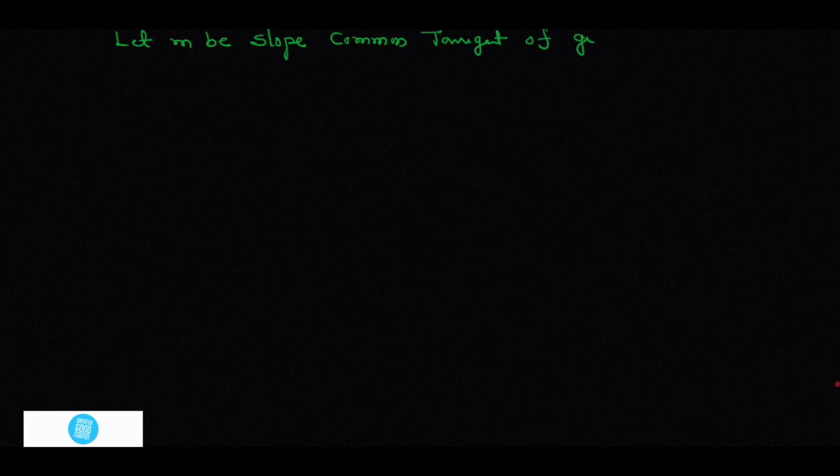Now write the equation of the common tangent of the given two circles. First let m be the slope of the common tangents of the given two circles.